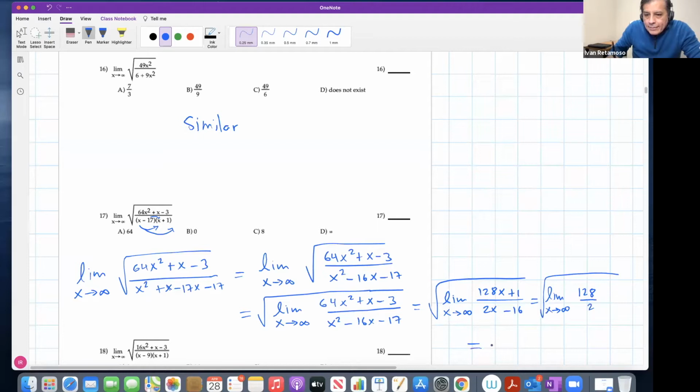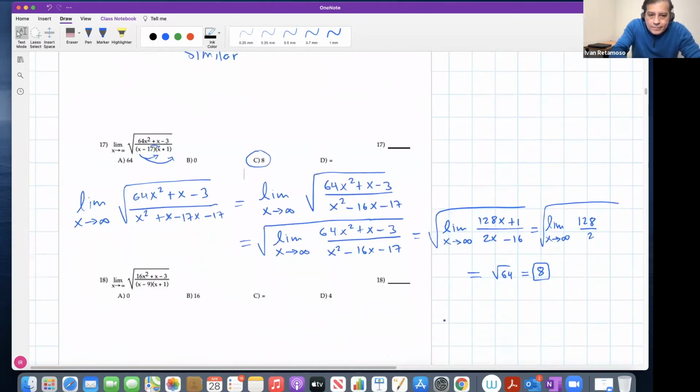But what is that? 2 into this guy is 64, right? So you end up with the square root of 64, which is just 8, right? 8. So that's it. That's 17. Yeah, very good, guys. So that's how you deal with this product. If you encounter them, just expand, FOIL them out, and you should be back to normal here, right?